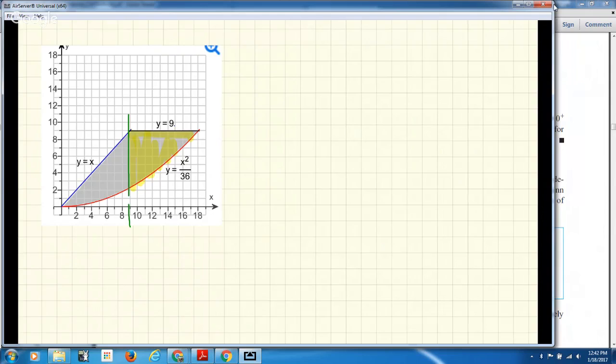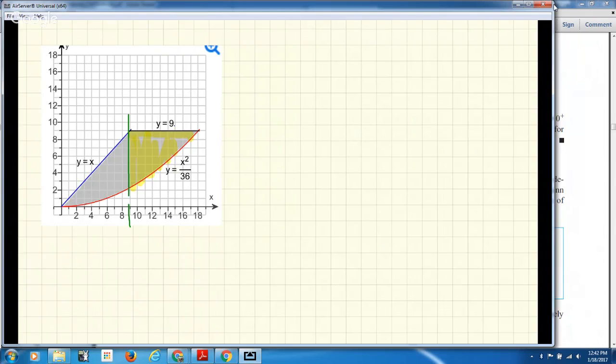And here I have to break that into two different pieces because we have the blue function on top of the red one first, and then the black one is on top of the red one second. So this area is going to have to be done in two pieces with the definite integral. So doing the left piece first, to get the area, I need to let y equals x be on top.